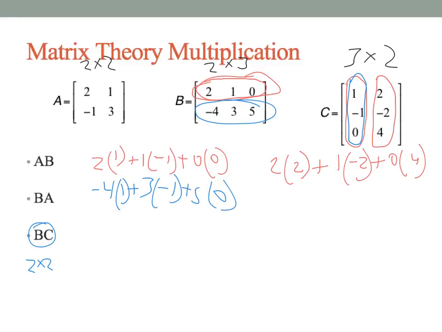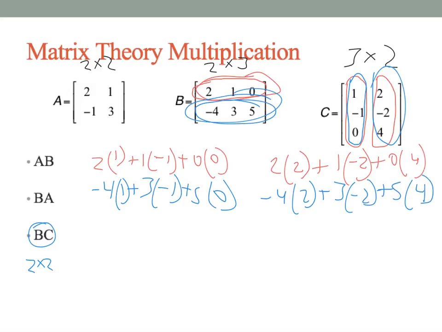Alright, and next, same row, but the right column. So -4 times 2 plus 3 times -2 plus 5 times 4. Okay, so there's our 2 by 2 matrix, and of course we need to multiply and add everything up.